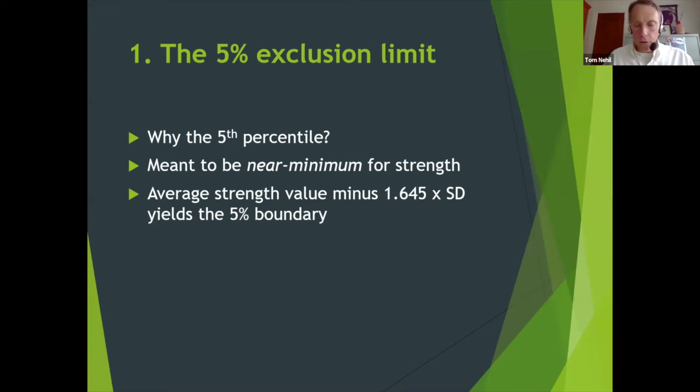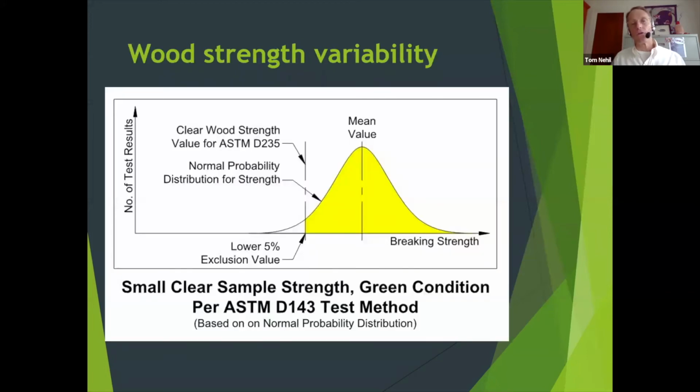Remember, this wood is statistical stuff, and we've got a range of strengths for these small, clear specimens. You know, it's not a matter of grade at this point. It's just the variability of wood itself. And so we need to make a decision, what's the right number to use for developing design values? Well, traditionally, we go to a near minimum strength. And it looks something like this.